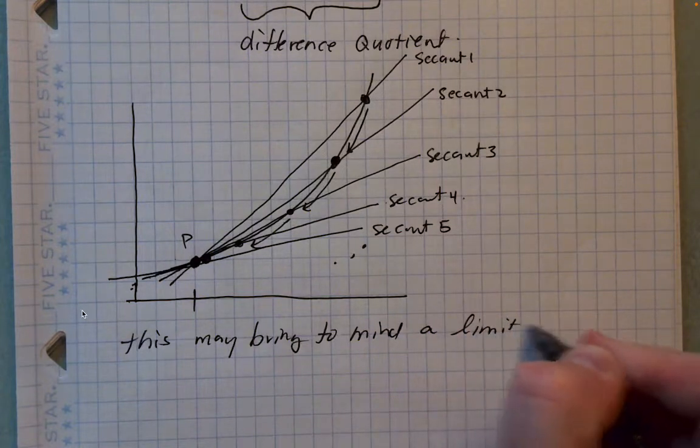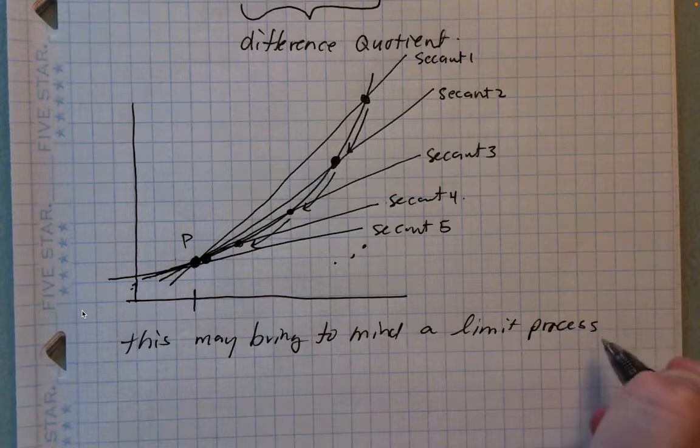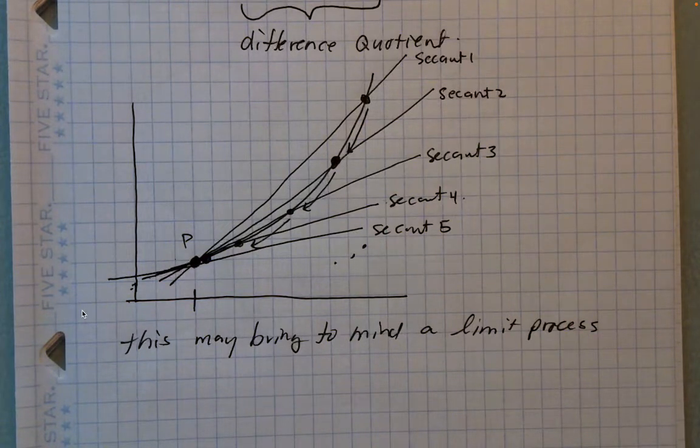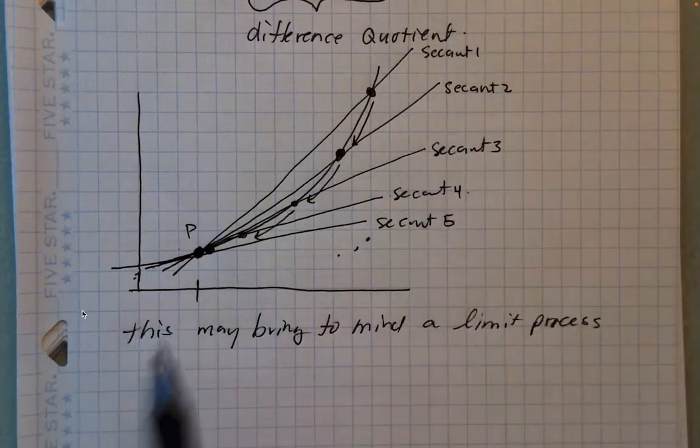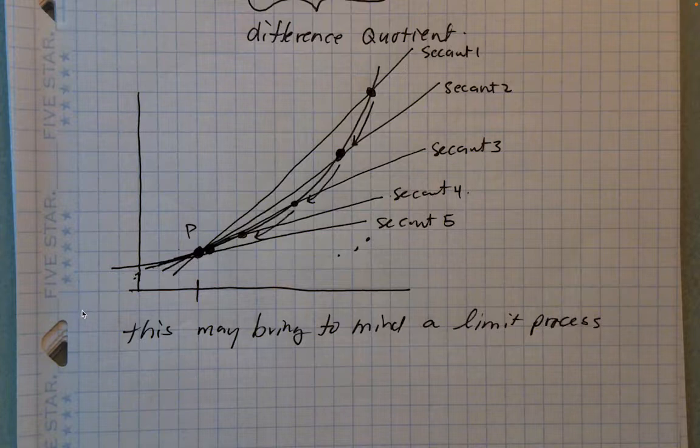We've seen limits, the idea of getting arbitrarily close to a point, and what's the value of the function. But the derivative is going to take the concept of a limit and apply it to this kind of process.